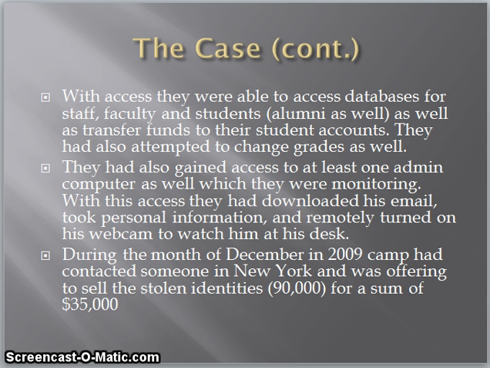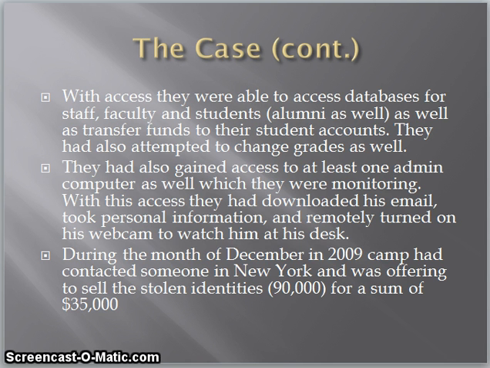Continuing on with the case, basically what they would do with the protected information is they started small. They were basically poking around on the network. They had gotten several databases of information from employees, faculty, staff, students, both current and a few alumni, and from there they started looking into transferring funds.